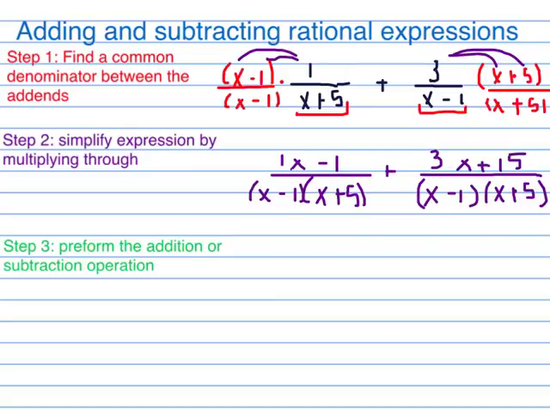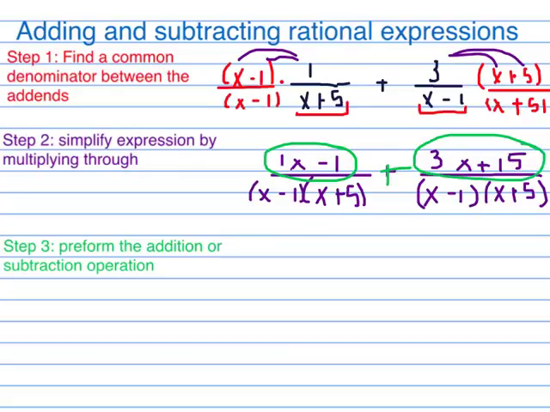Alright, step 3 is to perform the addition or subtraction operation. So now that they're both the same, it's like saying x minus 1 apples plus 3x plus 15 apples, and you just combine the like terms there. I have this plus this, and that is what we are doing.